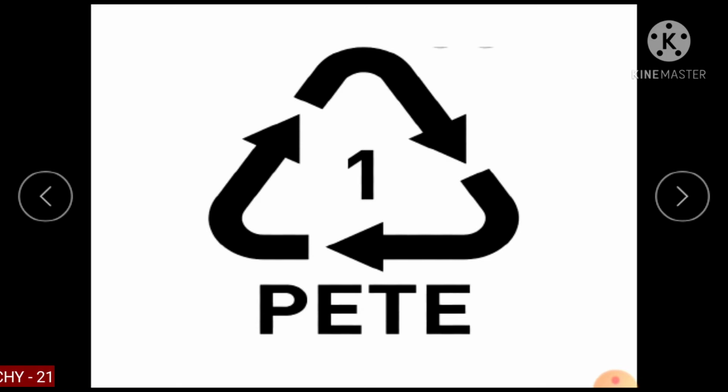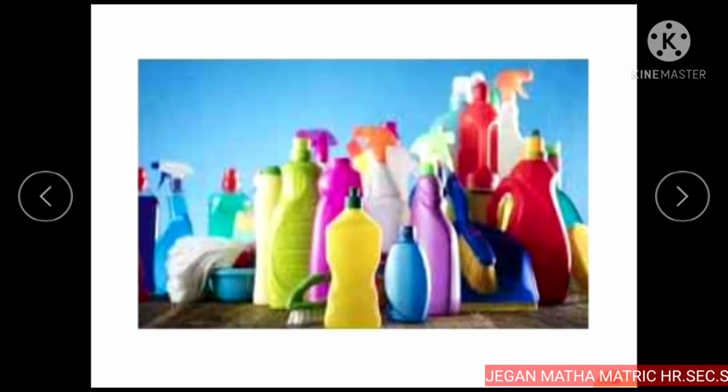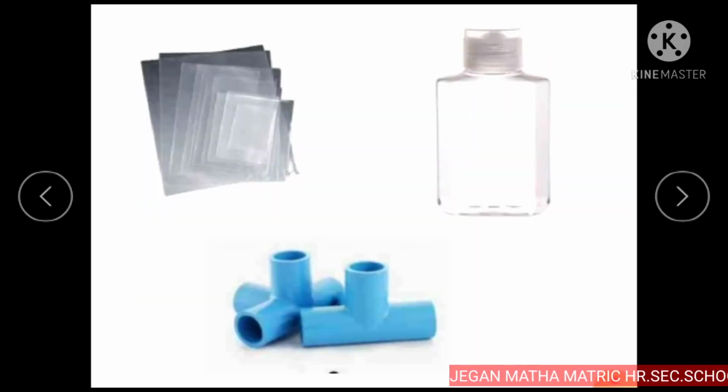Now that we have found out that the bottle has a specific resin code, let us see what gives the bottle and other plastic products certain qualities. Different chemicals are added to plastic to give them various qualities and characteristics.